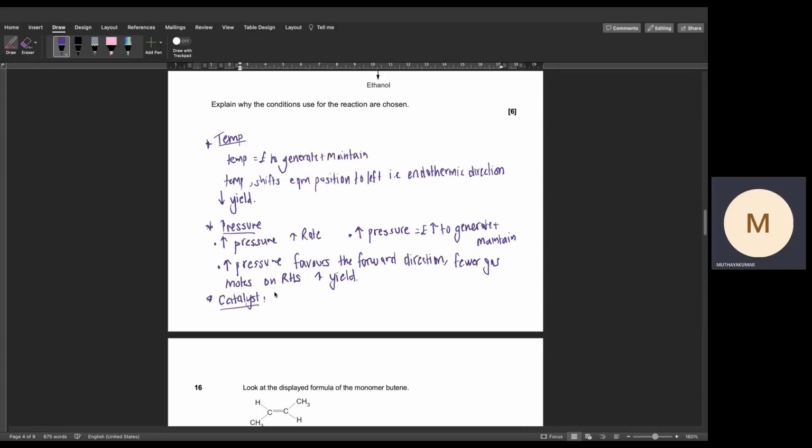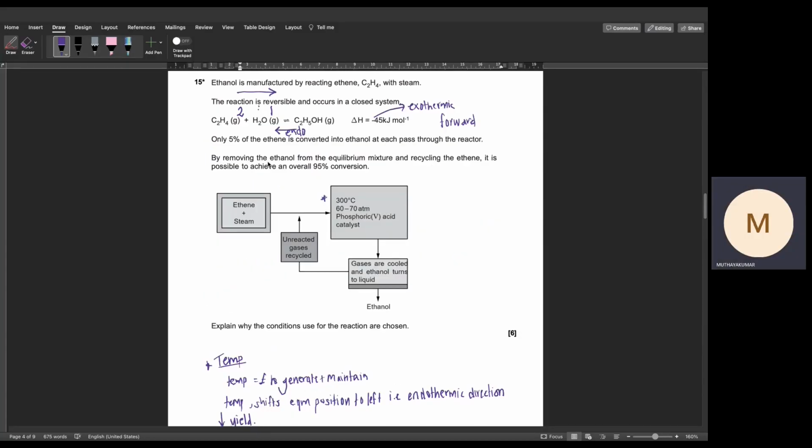So a catalyst will increase the rate of reaction. There's one last point that is mentioned in the question. By removing the ethanol from the equilibrium mixture and recycling the ethene, it is possible to achieve an overall 95% conversion. So we can also comment on the impact of removing ethanol from the equilibrium as it's made.